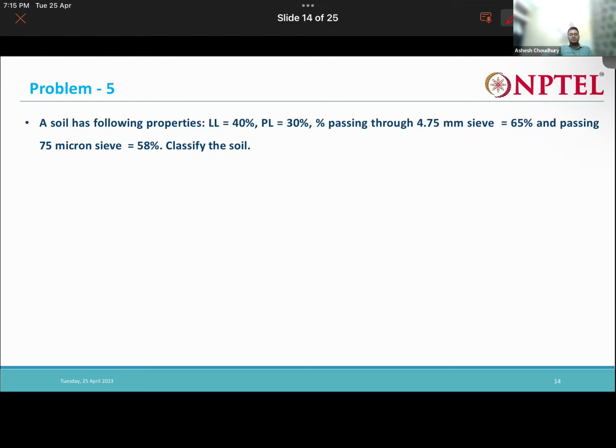So after doing this sieve analysis, we can draw our grain size distribution chart. From the grain size distribution chart, you will get an understanding of the grain size, and what fraction of grain sizes is present in the amount of soil that we have tested.